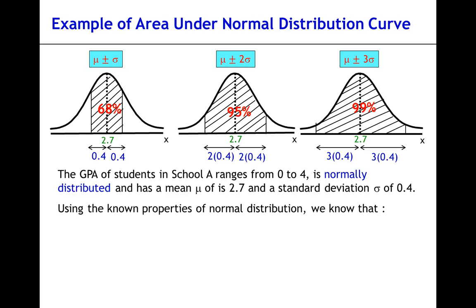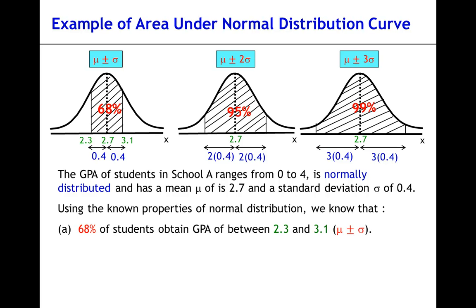In the first diagram, mu plus sigma is equal to 3.1 and mu minus sigma is equal to 2.3. So we can infer that 68% of students obtained a GPA of between 2.3 and 3.1. In the second diagram, mu plus 2 sigma is equal to 3.5 and mu minus 2 sigma is equal to 1.9.